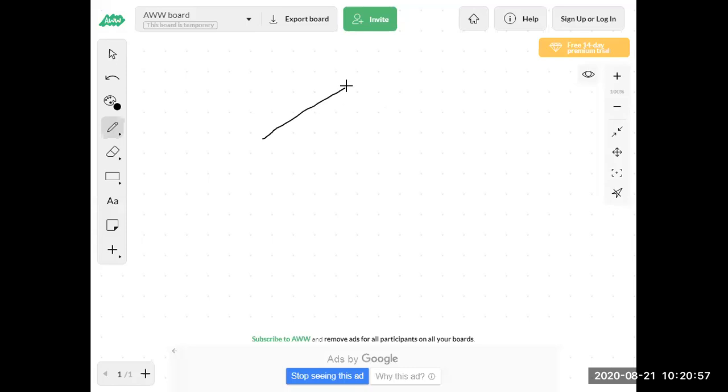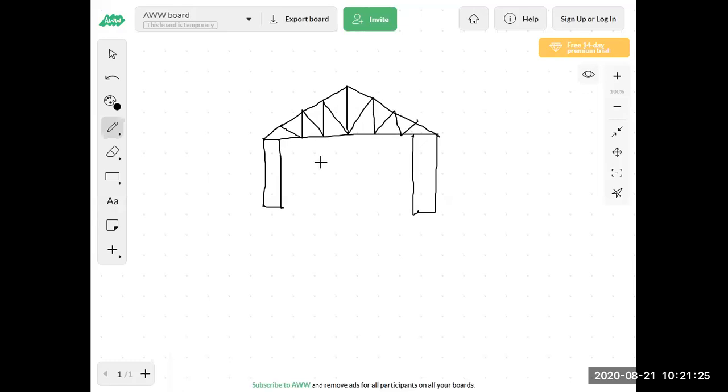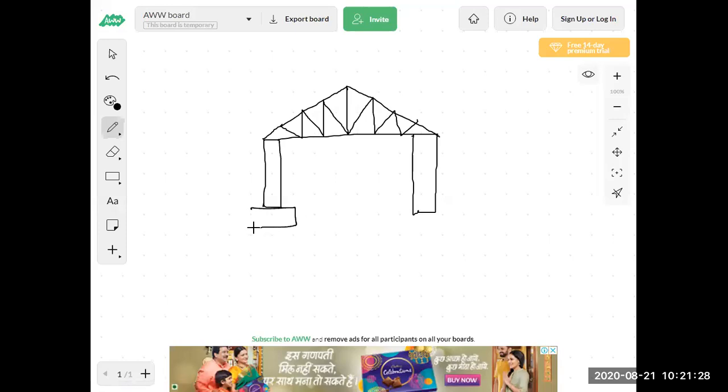If we see, this is an industrial shed. This is the truss, and this truss is supported on this column. This whole structure above, we call a roof truss.